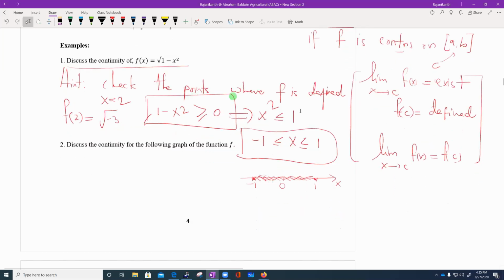Now, remember, whatever x values you plug in within this range, you are always going to get a good, non-negative number. Therefore, it is possible to find the real value in this range. Okay, so then note the function value at the endpoints. Could you tell me what is f(-1) and f(1)?